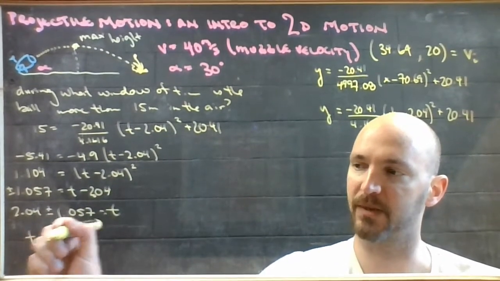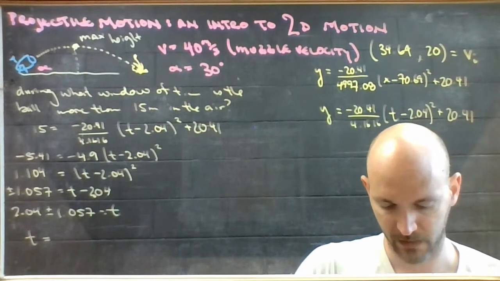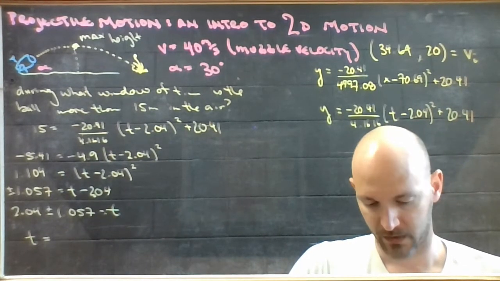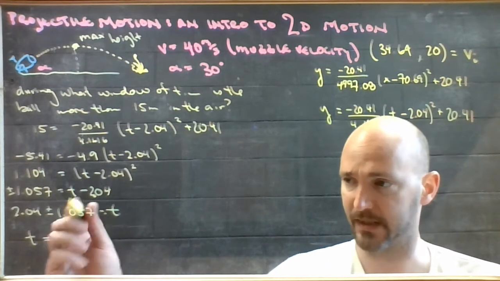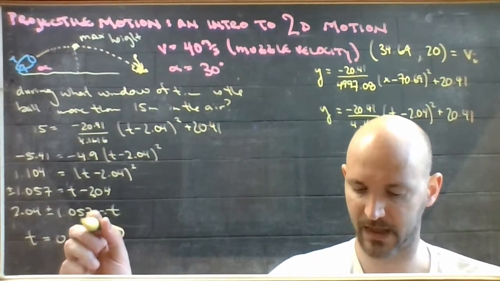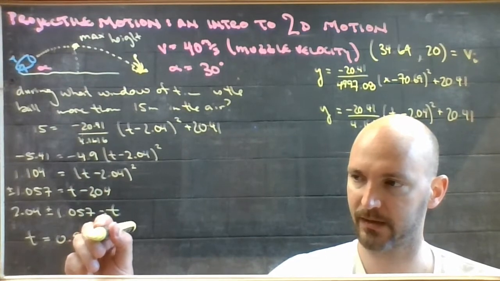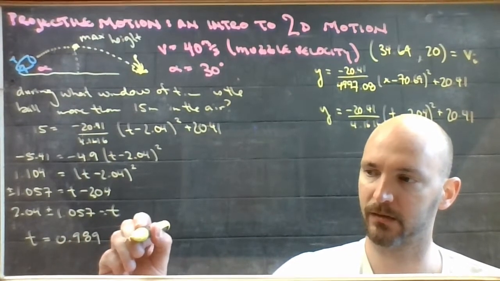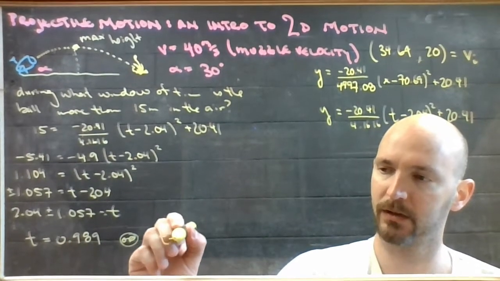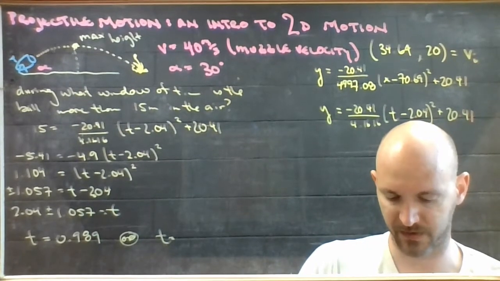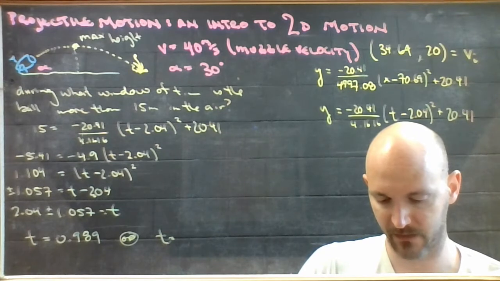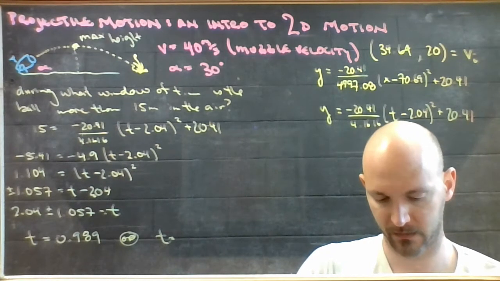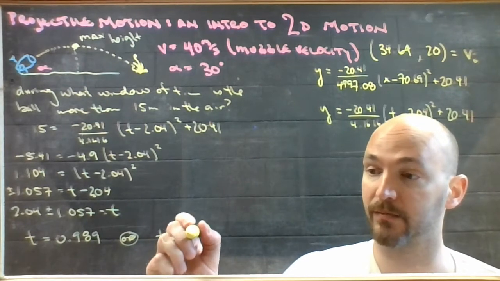So my time is 2.04 subtract that number, which is 0.989 seconds, or time equals 2.04 plus 1.057, which is 3.097.